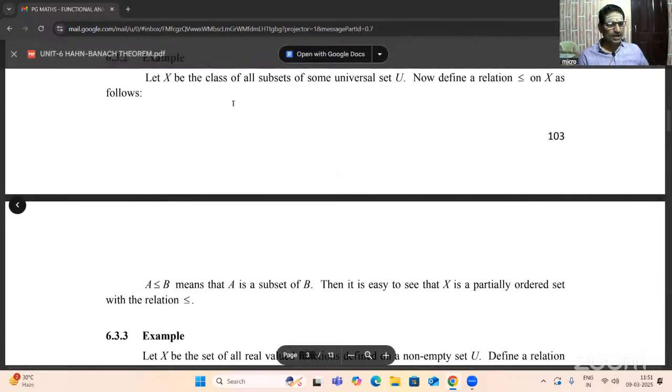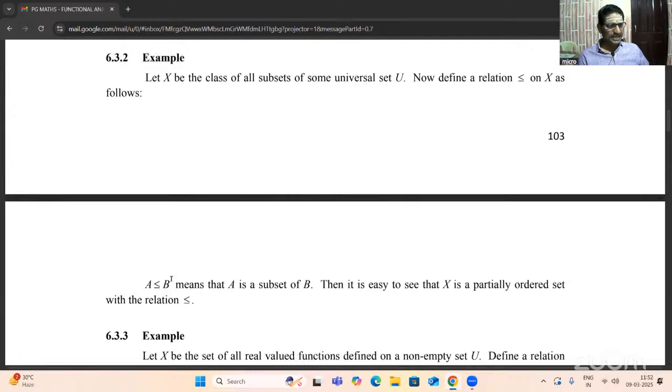And another example of a partial order relation: the class of all subsets of some universal set. The universal set is denoted by U, and the class of all subsets is capital X. So the class of subsets of a universal set is also one such relation.